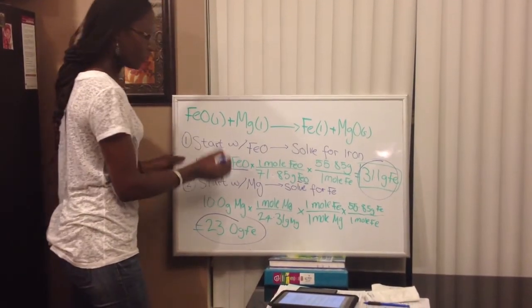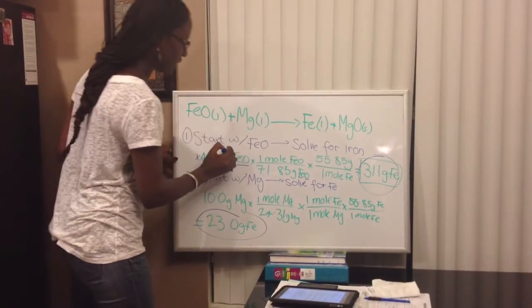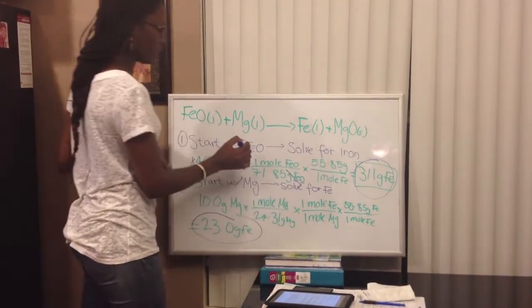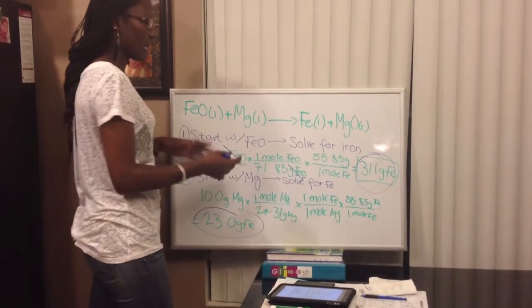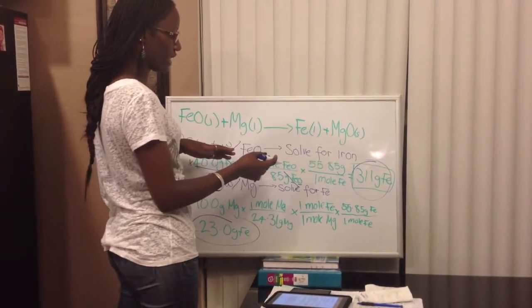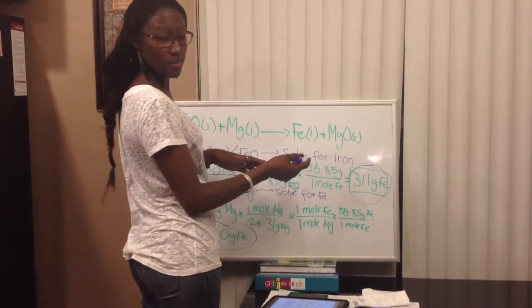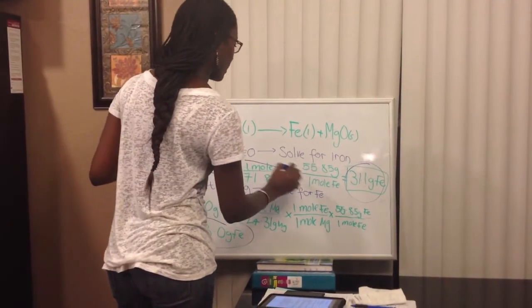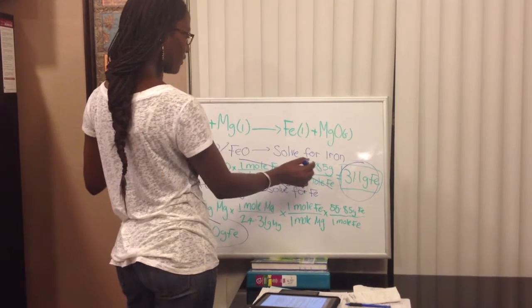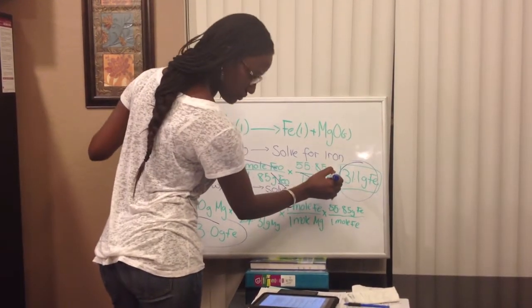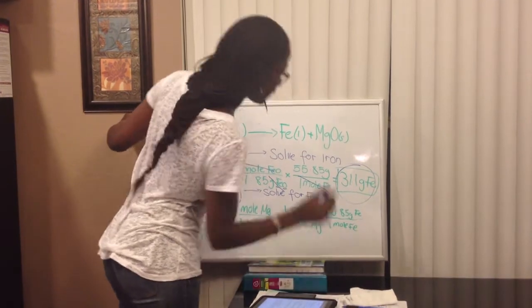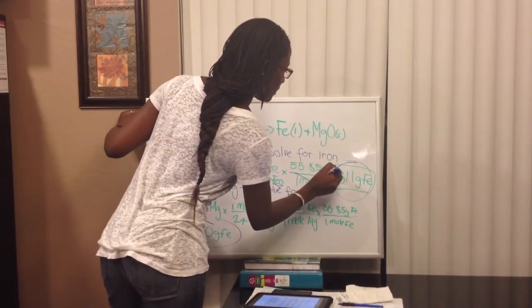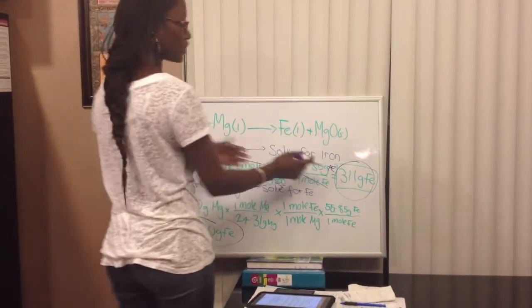So we want to cancel out the grams of iron oxide, and we're left in the units of 1 mole of iron. And now we want to convert from 1 mole of iron to grams. So the moles of iron cancel out, and we're left with 55 grams of iron, which is where we want to be.